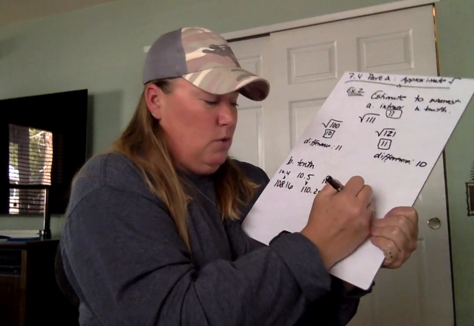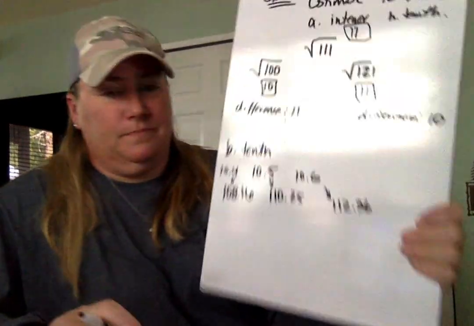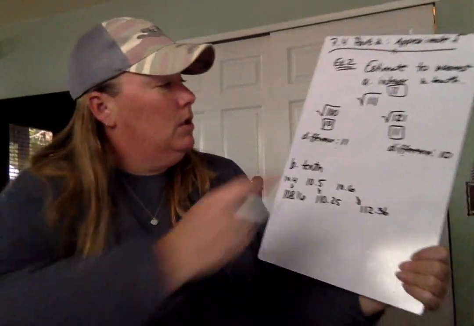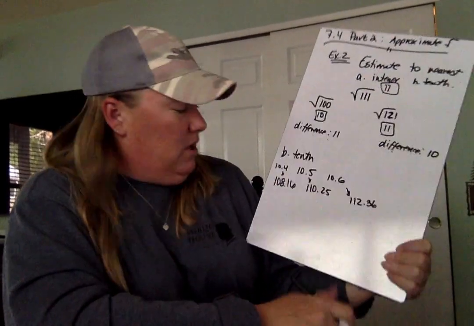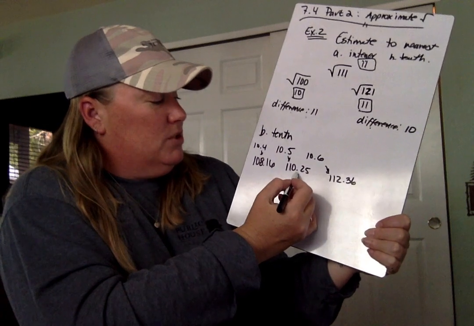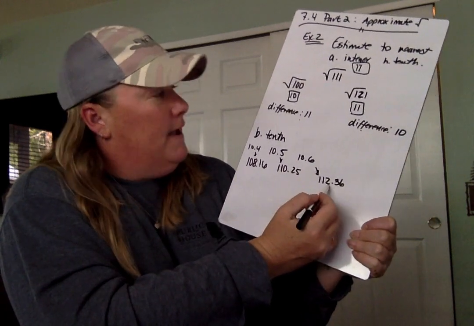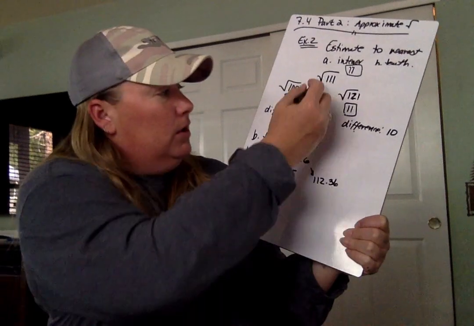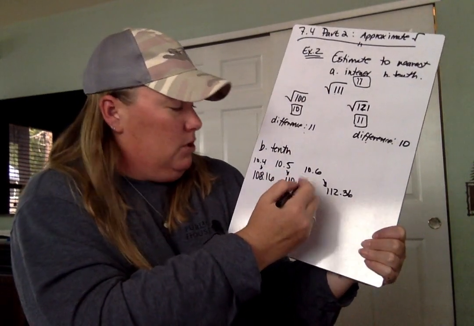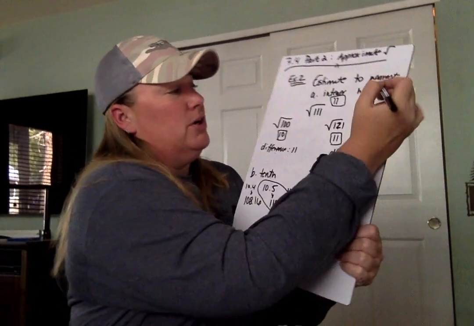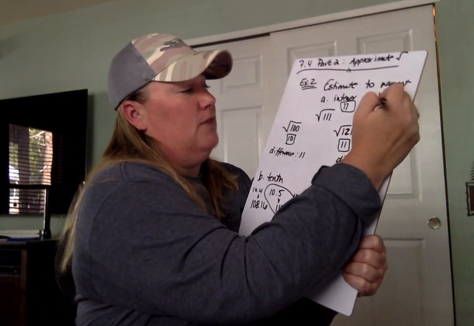This is 112.36. So we want the closest to 111. Well, that one's pretty good, but look, this is getting closer. So this is only 0.75 away, and this is 1.36 over from 111. So that tells you 10.5 is actually your closest. So your nearest 10th is 10.5.